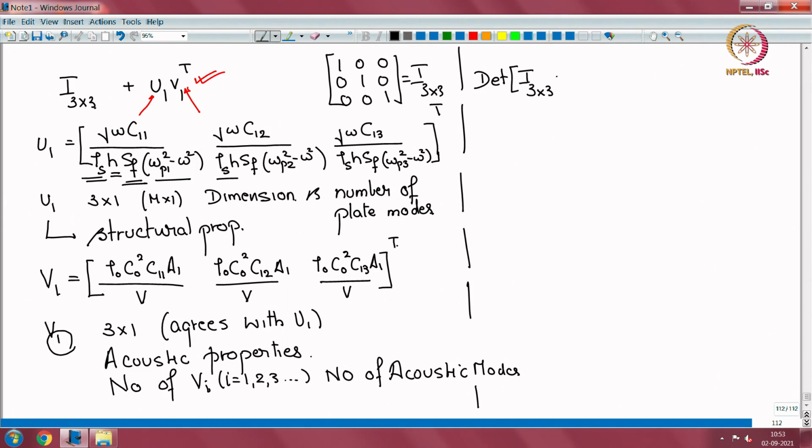So we are looking for the determinant of this plus U1 V1 transpose. That would become a scalar. And this determinant is 1 plus U1 transpose V1. That's all.